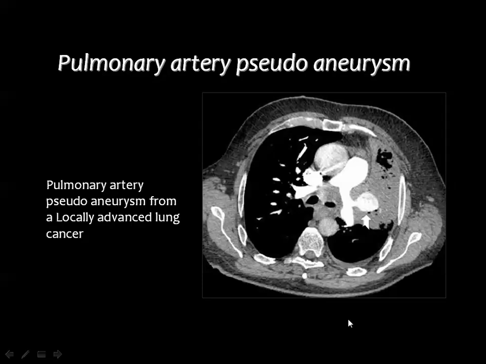Then bronchogenic carcinoma may lead to weakness of the wall of the pulmonary artery, which will result in one of the dangerous lesions, which is known as pulmonary artery pseudoaneurysm. And you see here, this is the main trunk and this is the left branch, and you got a pseudoaneurysm secondary to invasion of the pulmonary artery wall by this infiltrative bronchogenic carcinoma extending into the mediastinum.